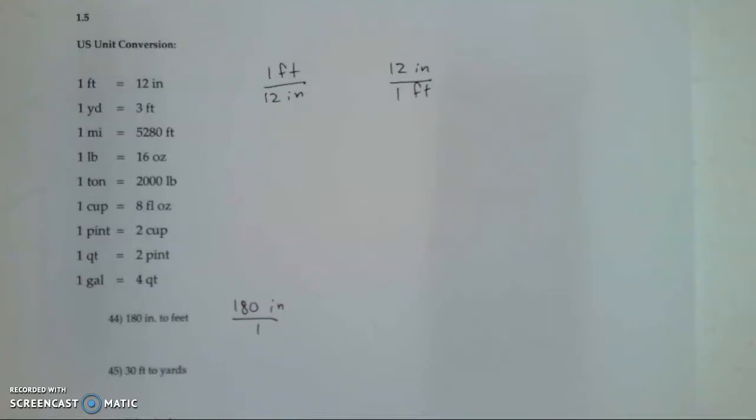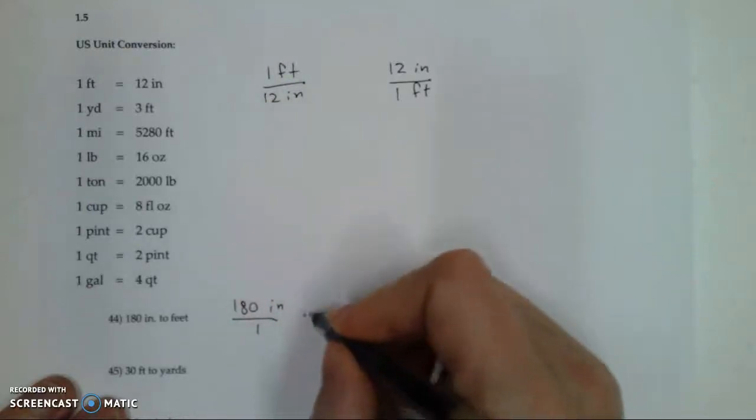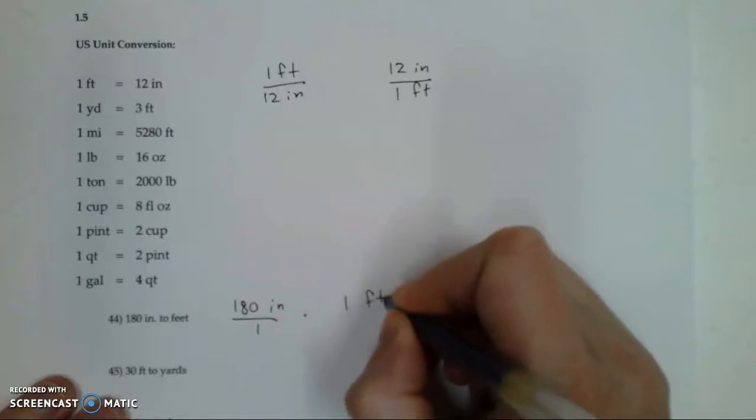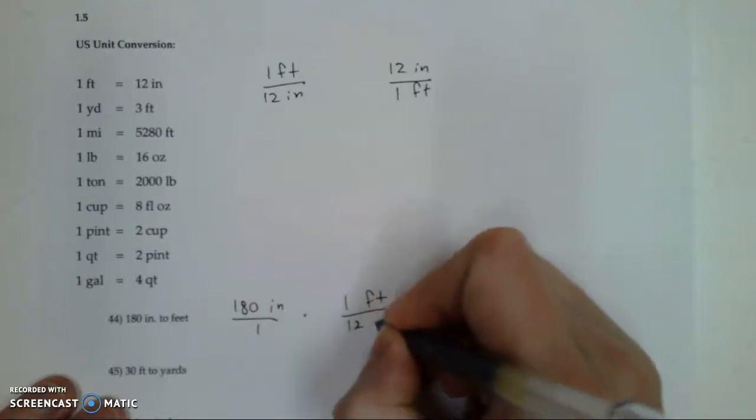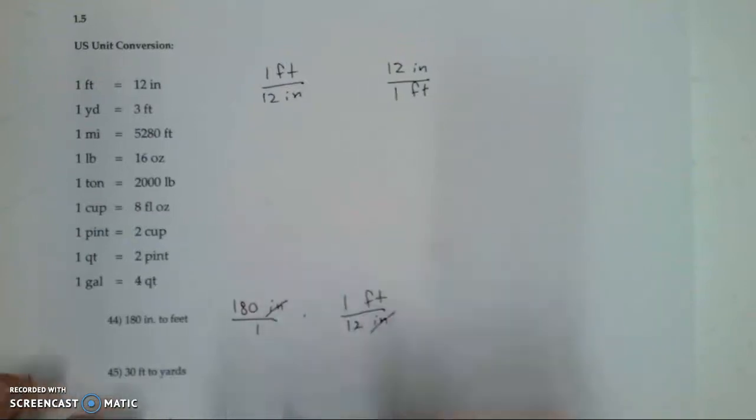I can do that with units too. In my question, the inches is on the top. In order to cross it out, I need to have the units on the bottom. So I'm going to use the version that has inches on the bottom so that I can cross inches out the same way that I would cross out a number or a variable.